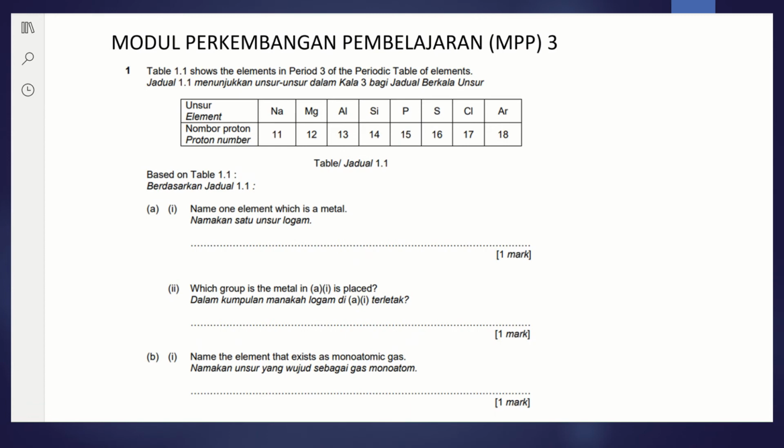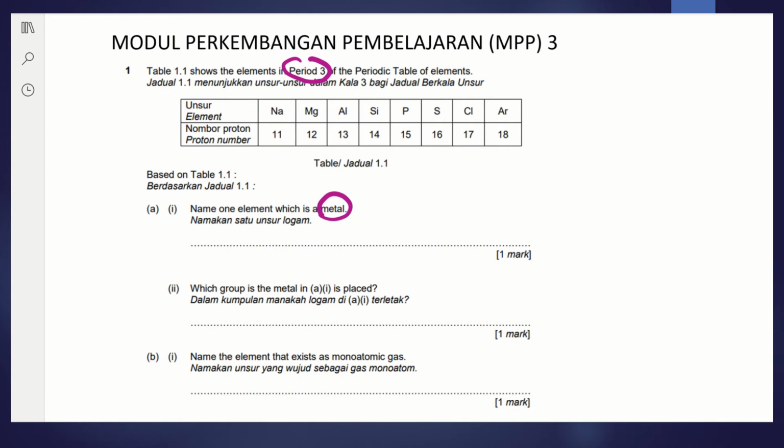Okay, next we cover the question from Modul Perkembangan Pembelajaran 3. Table 1.1 shows the elements in period 3 of the periodic table. A1, name one element which is a metal. Period 3 elements have 3 different types of metallic properties.